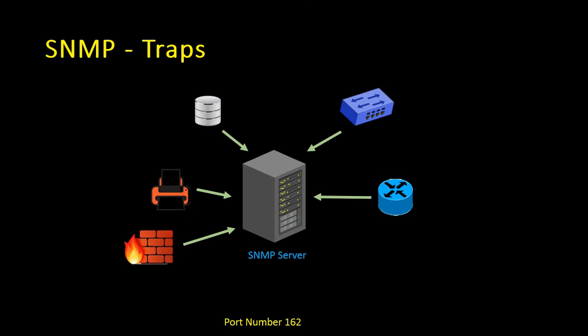This is what we call a trap. In the case of polling, the SNMP server initiates the communication to collect the information, but in the case of traps, each device that has some issue or trigger responds to the SNMP server. So this is all about SNMP.